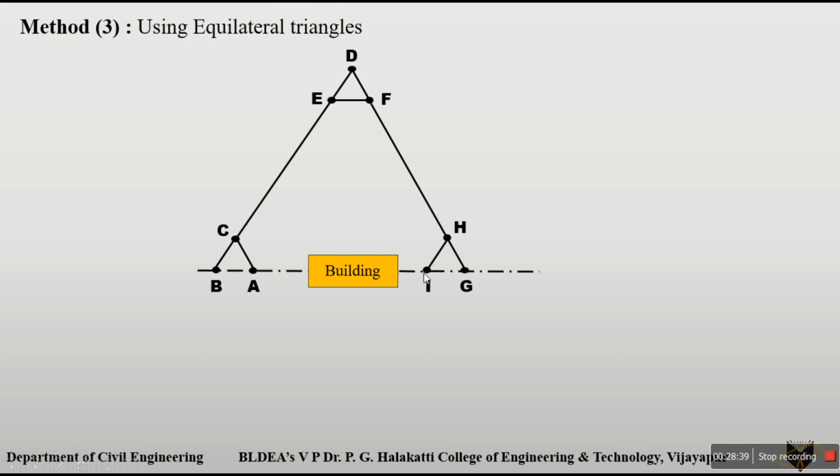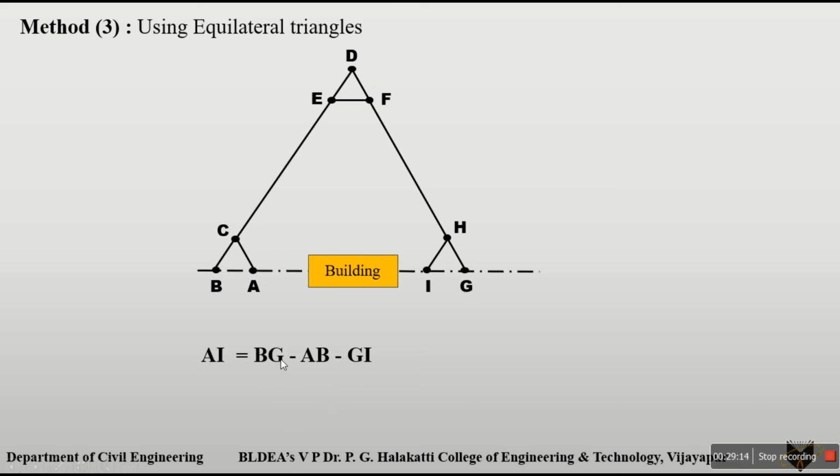So AI, we can write it as the distance of BG minus AB minus IG. Yes, AI is equal to BG minus AB minus GI, or IG. We already know that the distances AB and IG are both the same, that is 1 meter for example.